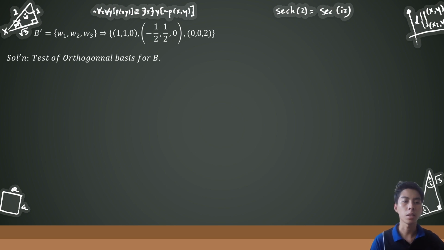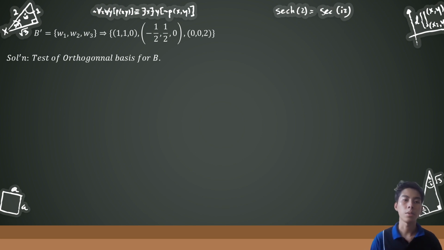So we need to test for the orthogonal basis for B. If the vectors in B prime are an orthogonal basis for B, then the dot product or inner product of each pair of vectors should be equal to 0.